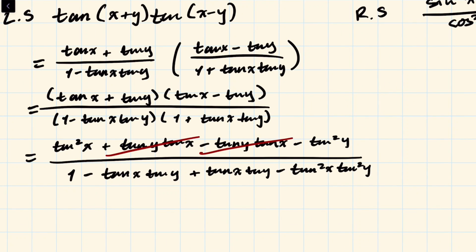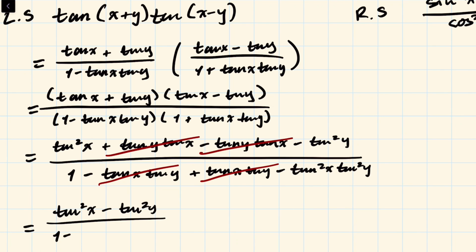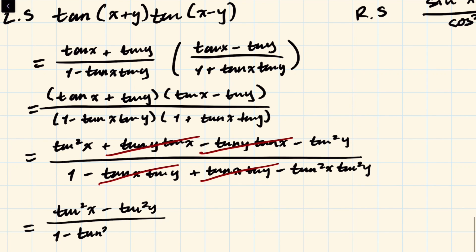Okay, and these are going to cancel out, so let me just rewrite this now. Tan squared x minus tan squared y over 1 minus tan squared x tan squared y.